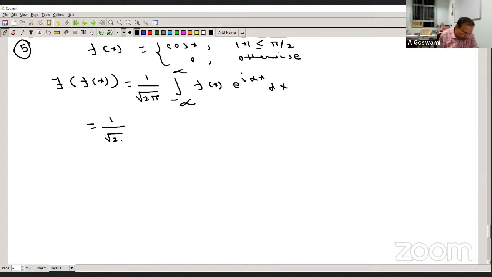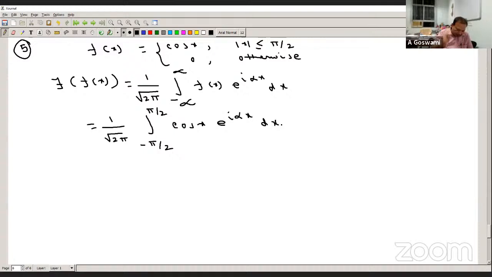If you substitute the value of this, then the range will be minus pi by 2 to pi by 2, because mod x is less than or equal to pi by 2. So in all other ranges, f(x) is 0. So it will be cos x into e power i alpha x dx. So I have to just evaluate the integral.